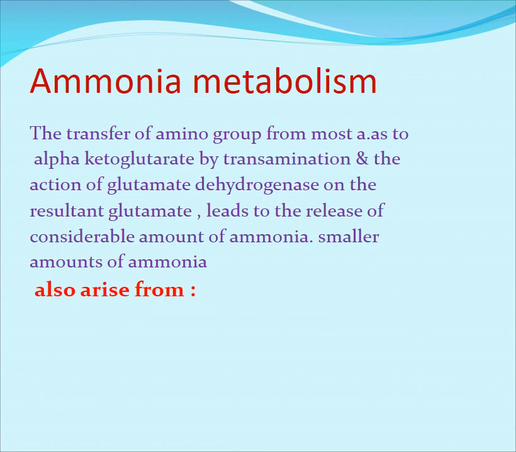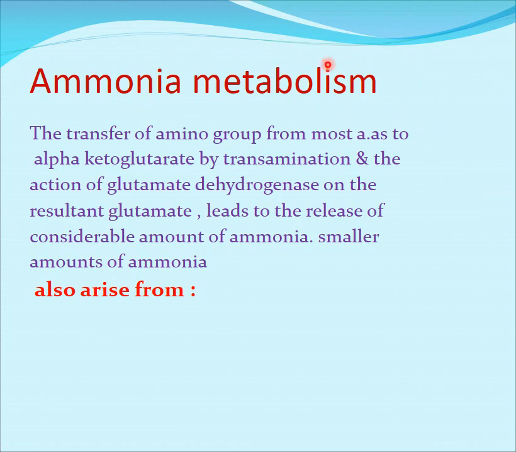Also, ammonia is toxic to the brain. Ammonia is toxic to the bone marrow. It inhibits the synthesis of RBCs. So it is very important to produce ammonia in a regulated way, and the only safe place to produce ammonia is in the liver.